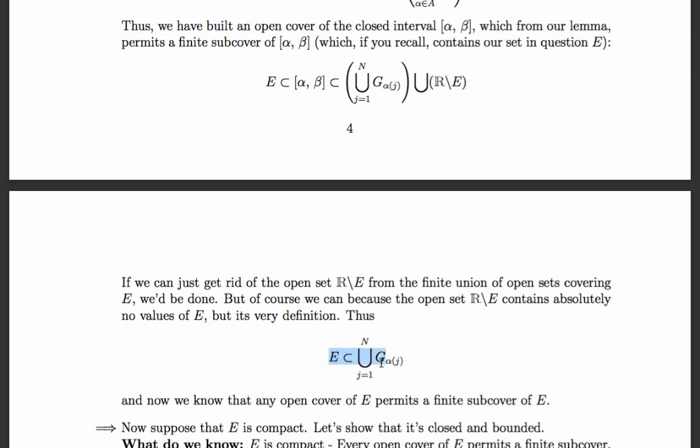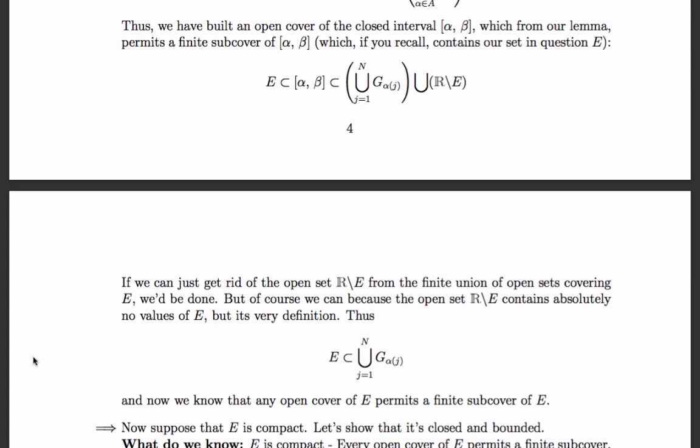Therefore, E is contained in this union of a finite set of open sets. And that is the finite subcover we are looking for. Therefore, if E is closed and bounded, it's compact, using the open cover definition.